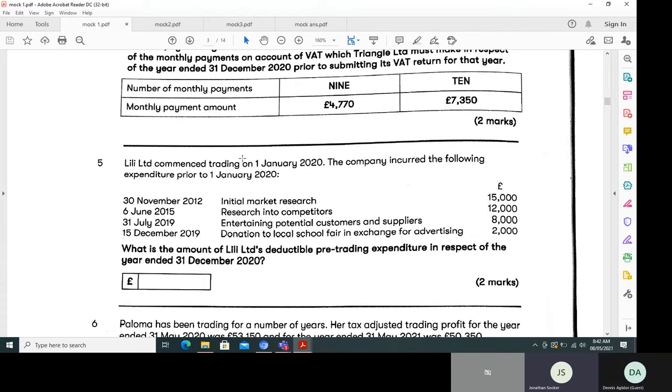If you look at the introduction, this company started trading on 3rd January 2020, and the company incurred the following expenditure prior to the date they commenced trading. So these are expenditures that happened before the company started trading.